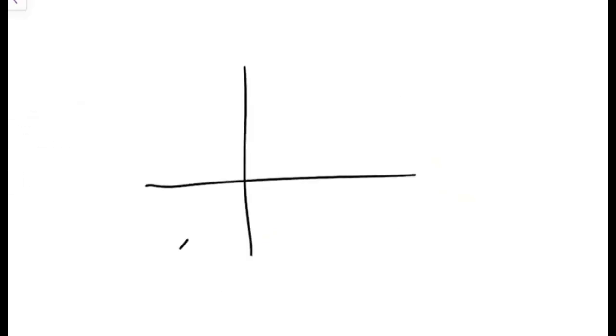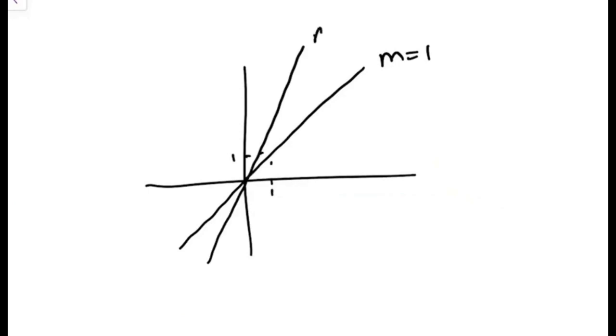Maybe I can just say it's important to know your gradient of a straight line. A gradient like this is equal to 1, so it goes across 1x and 1y. Okay, a gradient like this is something like m is equal to 2. So it goes across 1, but it's going to go up 2.